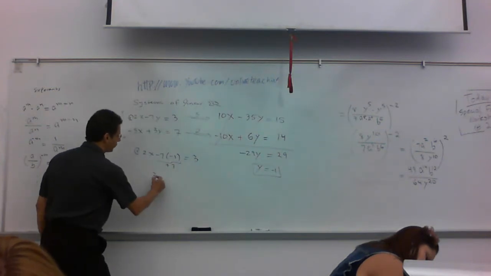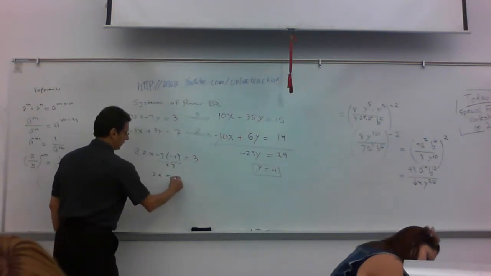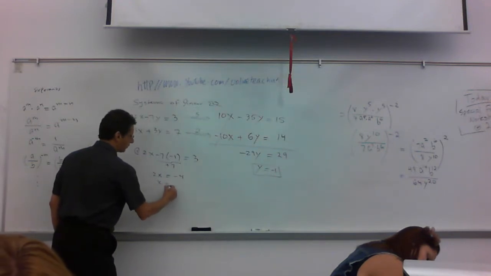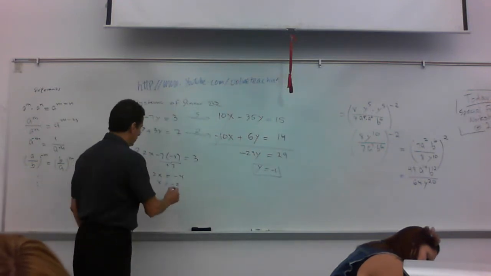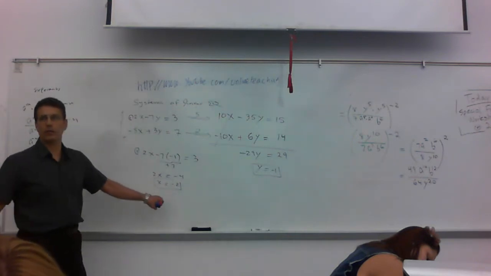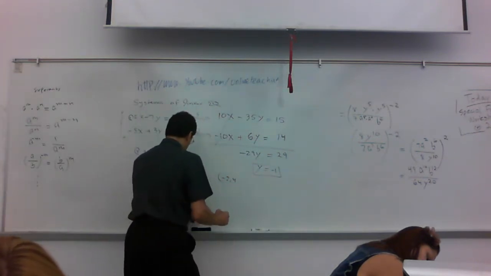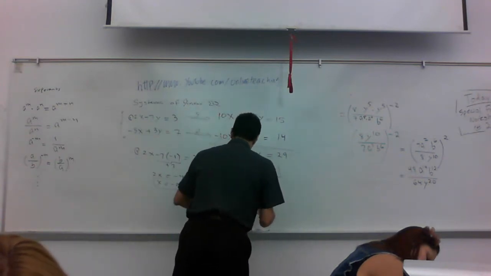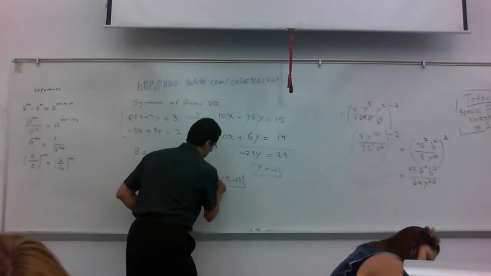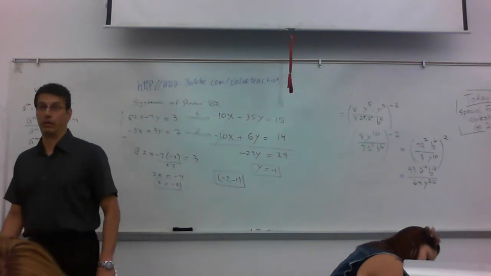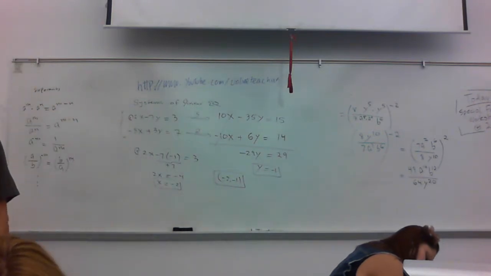If you subtract, you get what? Negative 4, and x becomes what? Negative 2. Therefore, I highly recommend when you come up with that, put it in an ordered pair, so you know which one is x, which one is y.